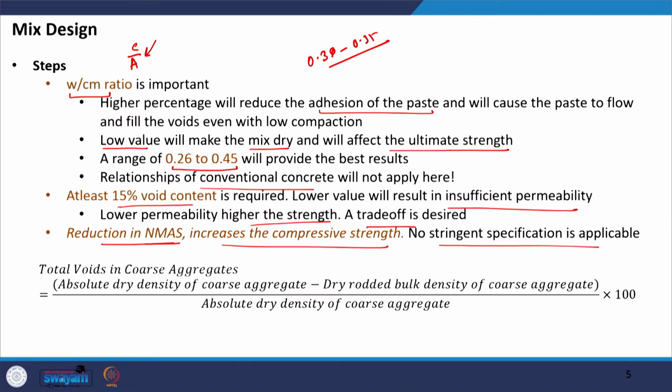Talking about some of the calculations here, one calculation which is desirable is to calculate the amount of voids in the coarse aggregate. So, you see you have coarse aggregate, let us say these are the coarse aggregates. So, this is the void.